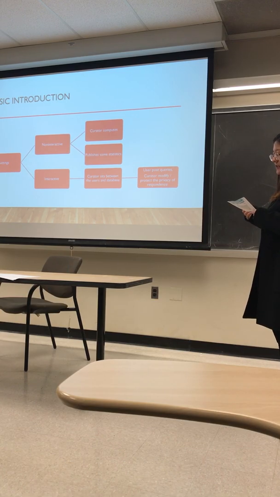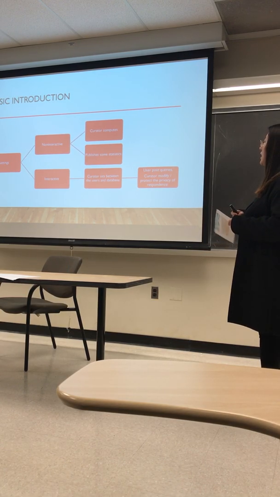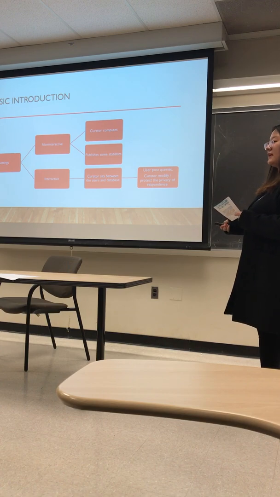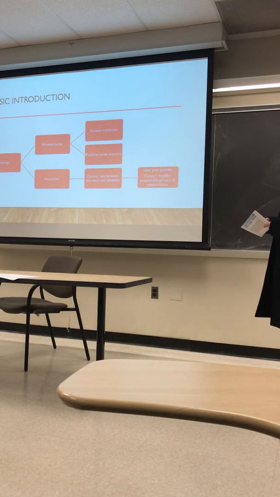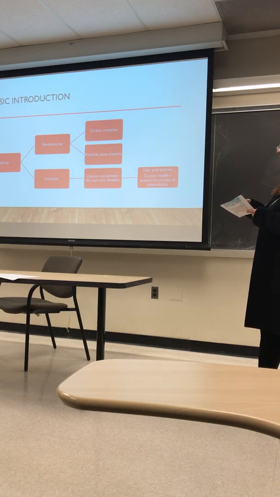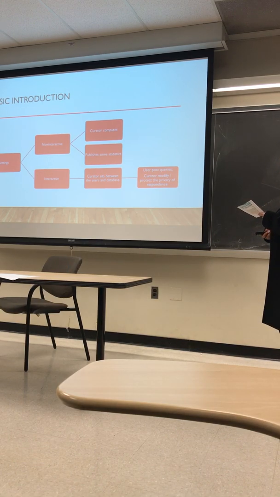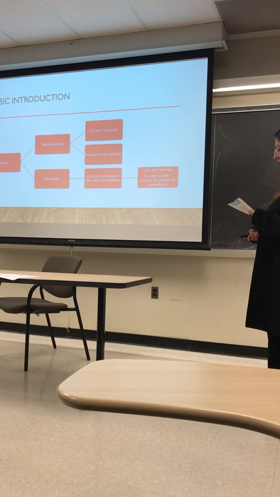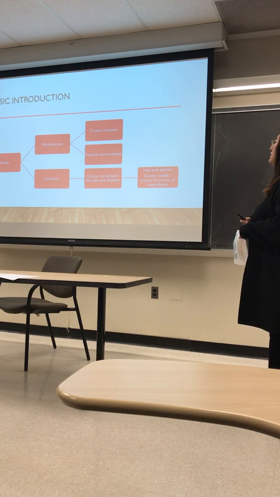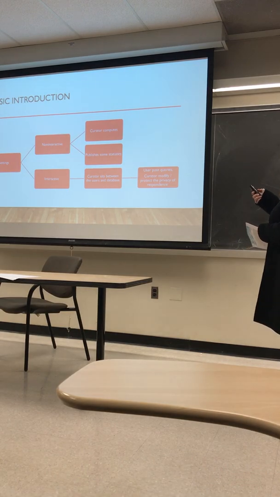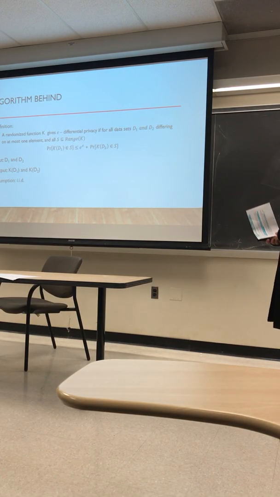A data owner can specify counting queries such as how many people in this data set are male, or how many people in this data set are from Massachusetts, for example, and receive answers perturbed by a small amount of random noise. Differentially private algorithms are able to answer a large number of such queries approximately, so that a researcher who sees these approximate answers can draw roughly the same conclusion as if she had the data set herself. So next, my teammate will talk about the algorithm behind it.